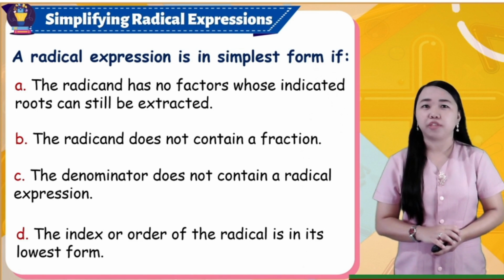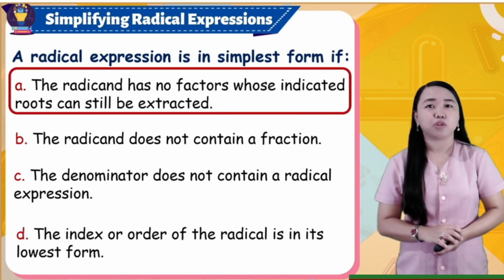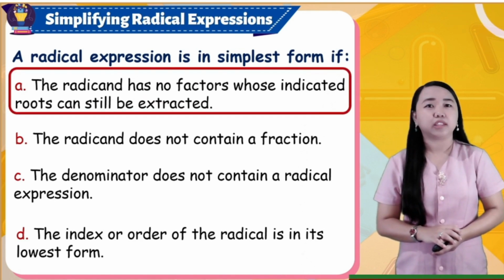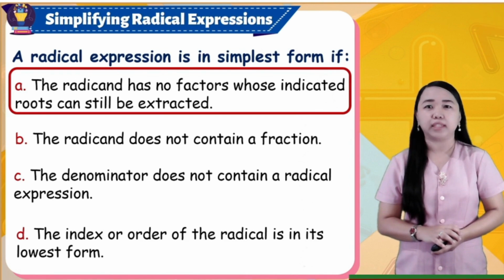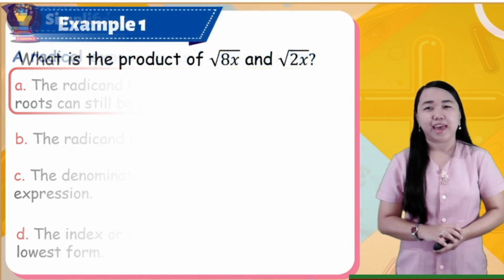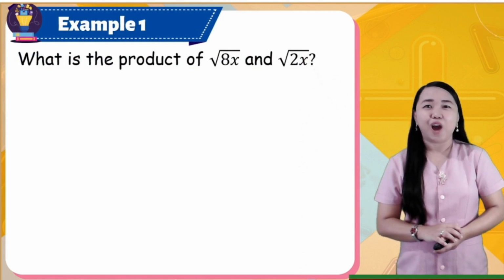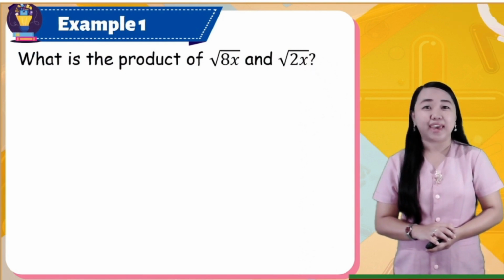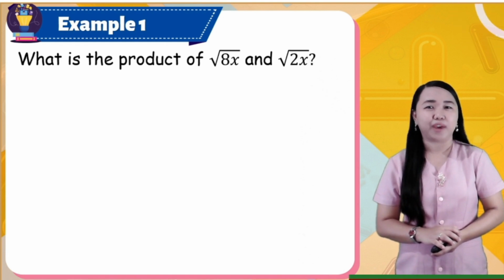For the condition that the radicand has no factors whose indicated roots can still be extracted, let us see the following examples. Example number 1. What is the product of square root of 8x and square root of 2x?